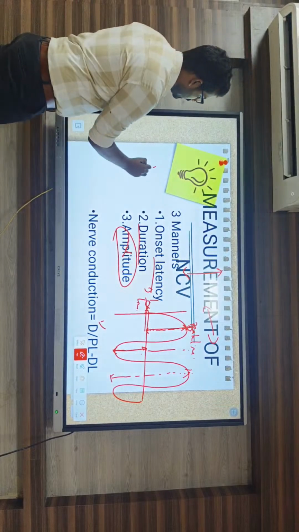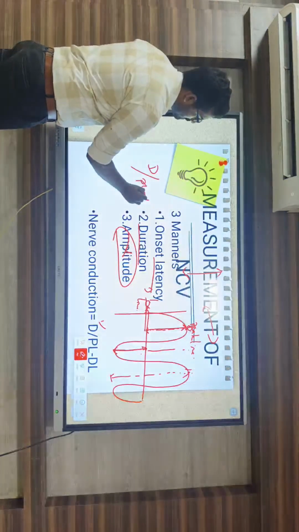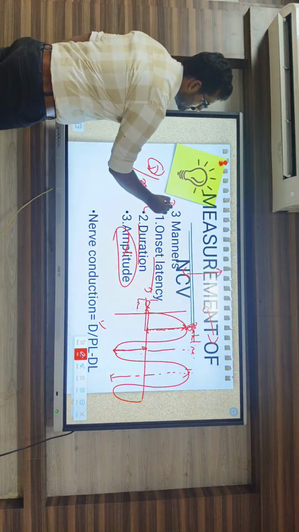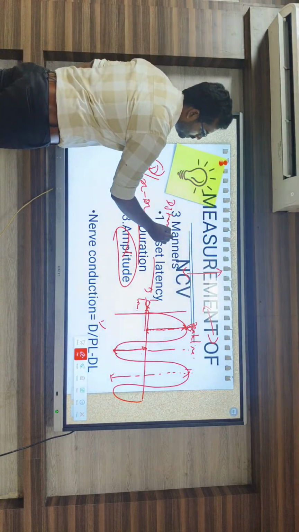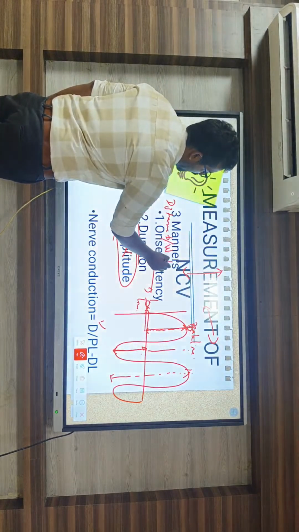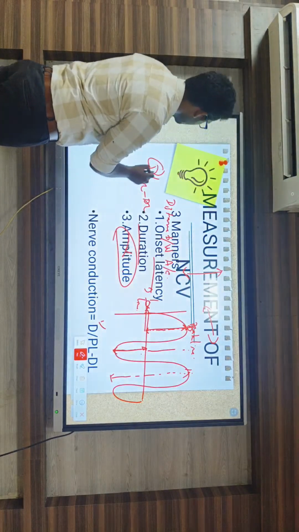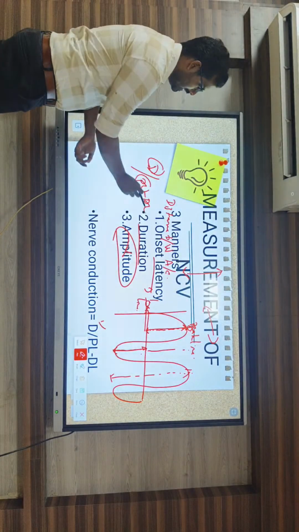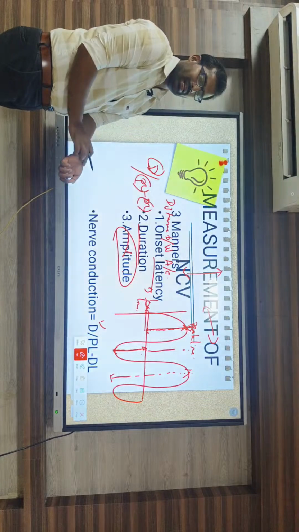That is D divided by PL minus DL. That D resembles the distance between the anode and cathode. PL resembles proximal latency and DL resembles distal latency.